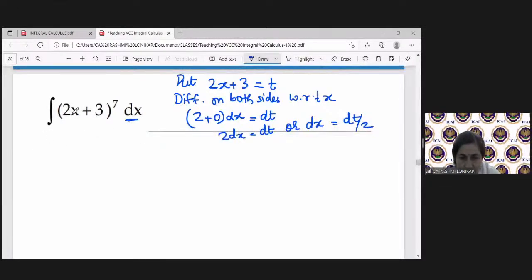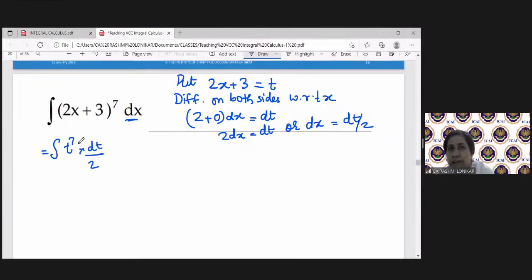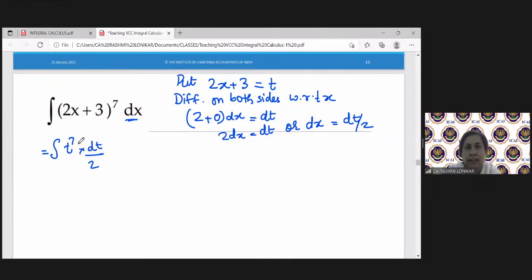So now instead of 2x plus 3, I am going to write t. So this is equal to the integral of t raised to 7, and instead of dx, I am writing dt by 2. You can't, in an integration or a differentiation, write one term in x and another term in t.